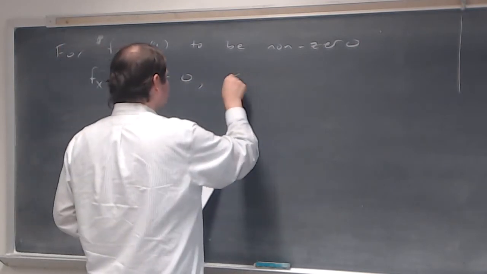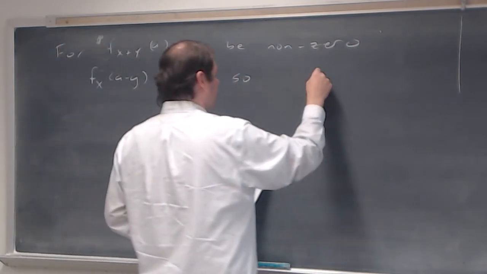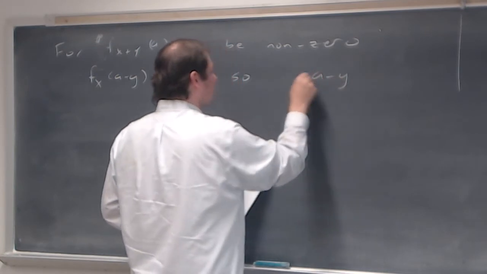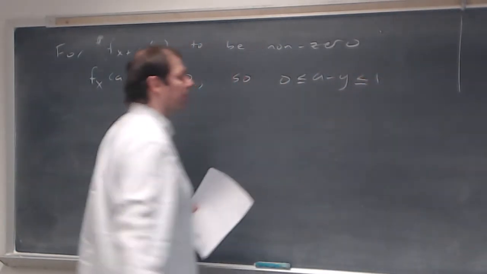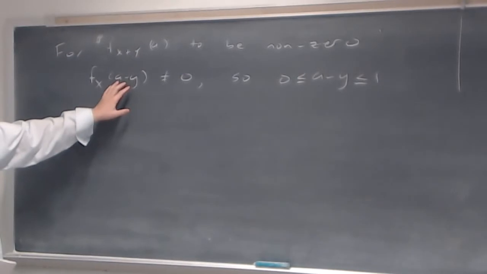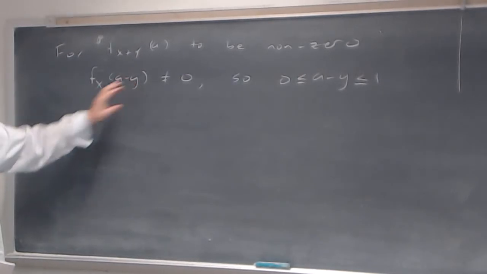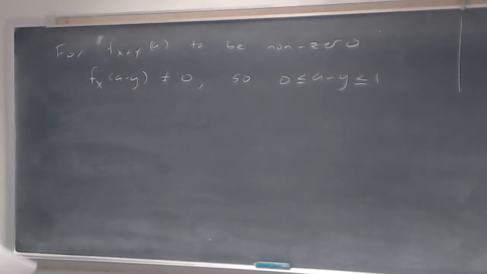And that occurs when a minus y is sandwiched in between 0 and 1, because remember, the PDF of X is defined to be non-zero only when what we're evaluating at is in between 0 and 1.